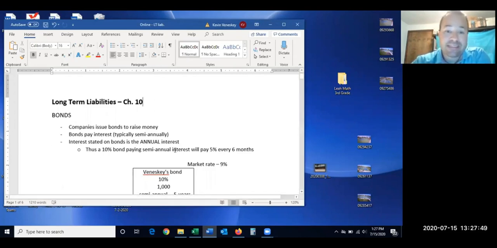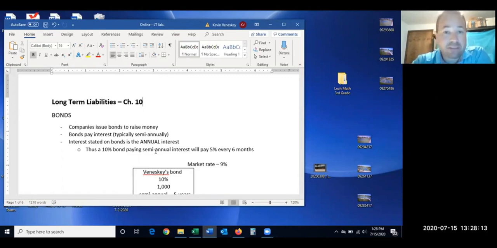Now, just because it says an annual rate, most bonds pay semi-annual interest. So if your bond says 10%, but it's a semi-annual bond, just think of the formula I equals PRT. Remember, we did that just last time. Interest equals principal times rate times time.